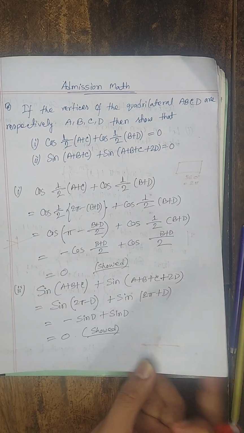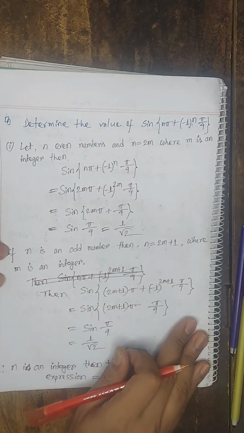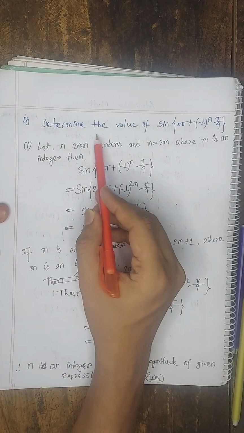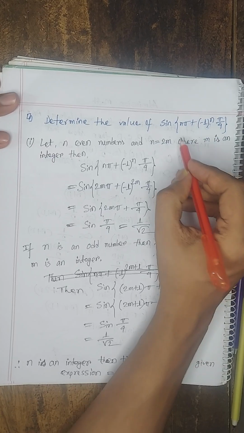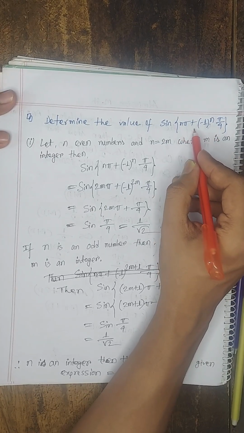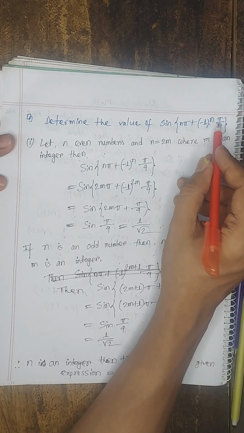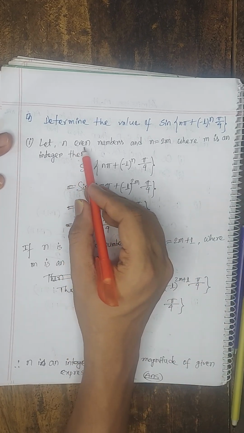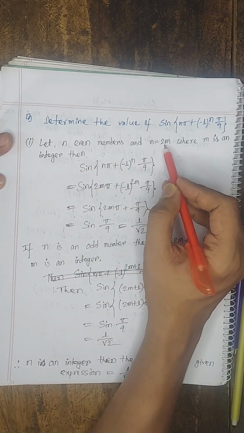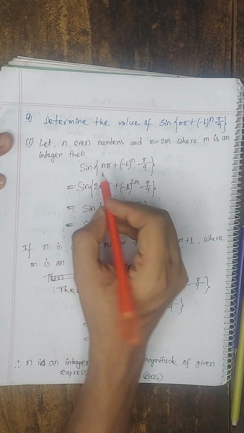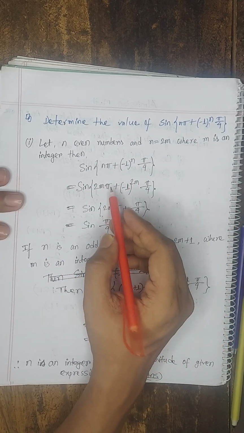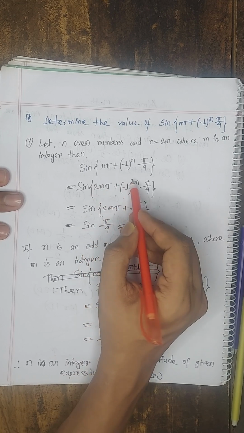Now the second problem. We have to determine the value of sin (n pi plus (minus 1) to the power n times pi by 4). Here, if n is an even number and n is equal to twice m, where m is an integer, then n becomes twice m.